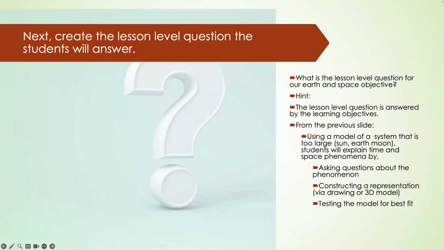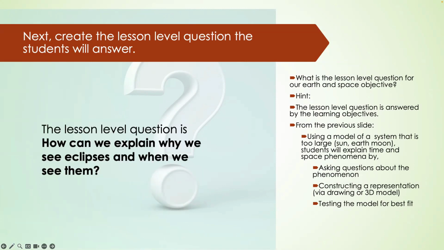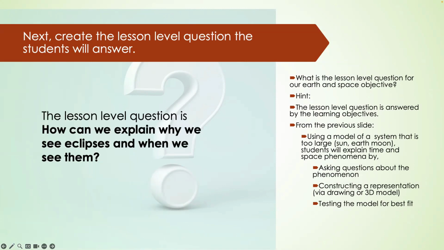Using a model of a system that is too large, students will explain time and space phenomenon, right? So the question is, how can we explain why we see eclipses and when we see them? I want you to marinate on that. It's like Jeopardy. You got to come up with the question after you've constructed your objective.